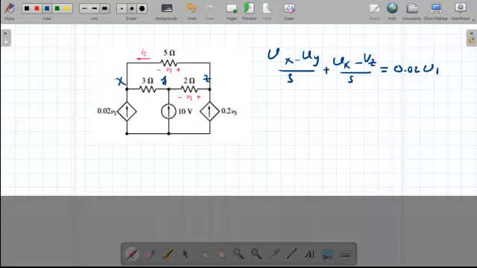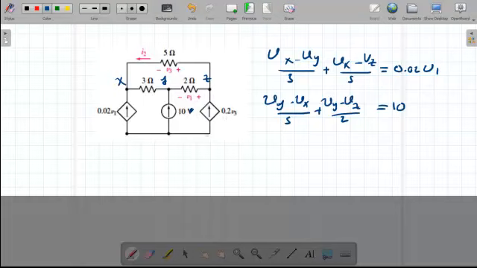The second equation, we have Vy minus Vx over 3 leaving, then Vy minus Vz over 2. This will equal the entering current, which is 10 amp. Please note this should be amp, not volts. This is my second equation.